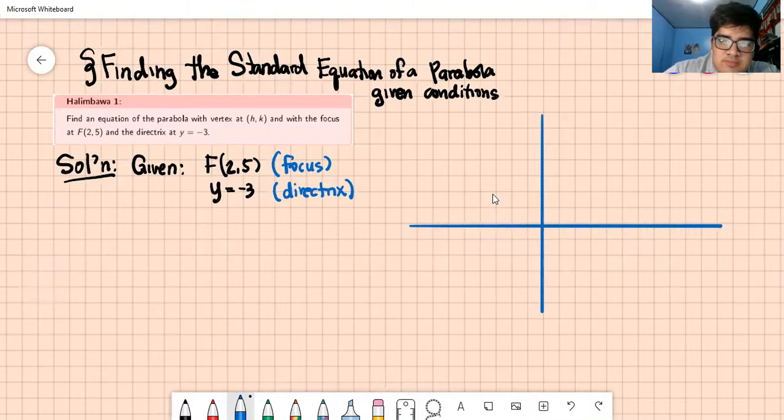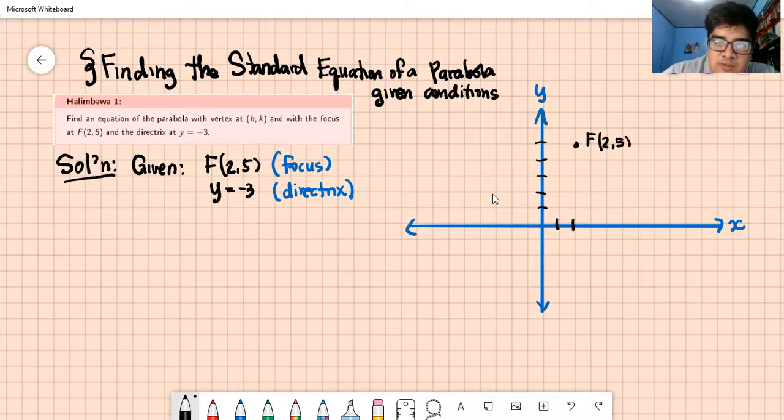Okay. So this is the x-axis, this is the y-axis. And then, yung focus mo is in 2, 5. 1, 2. So 1, 2, 3, 4, 5. So this is the focus. The focus is 2, 5.